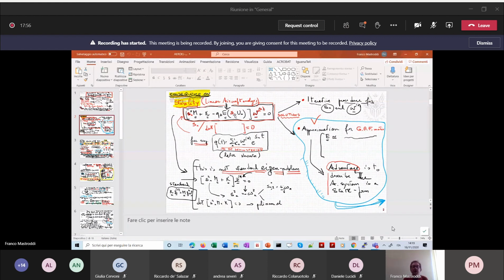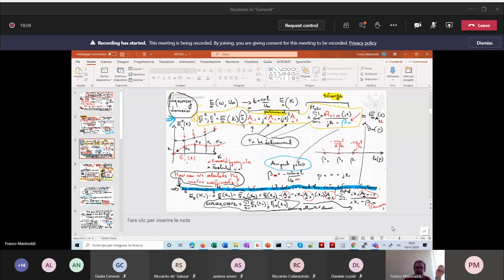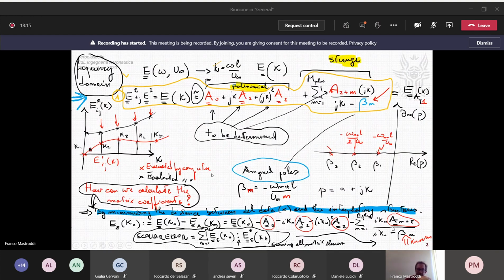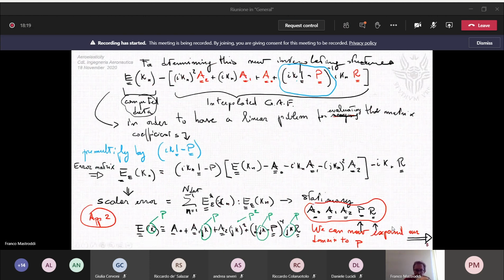So we could approximate this matrix by means of an interpolating form, and we showed practically a couple of possible approximations. One is known as approximation 1, like this, or another kind of approximation like this, approximation number 2.